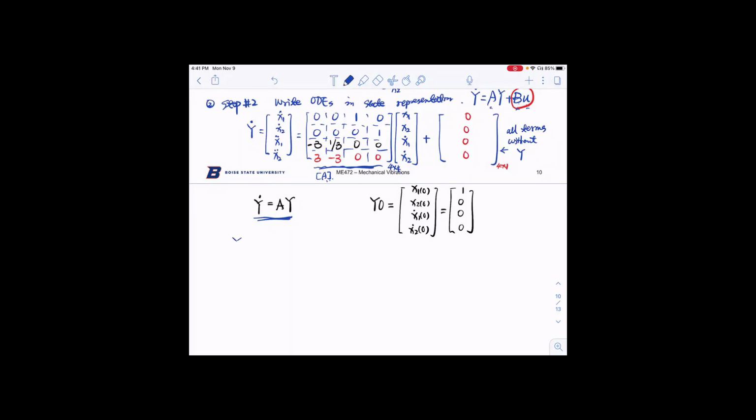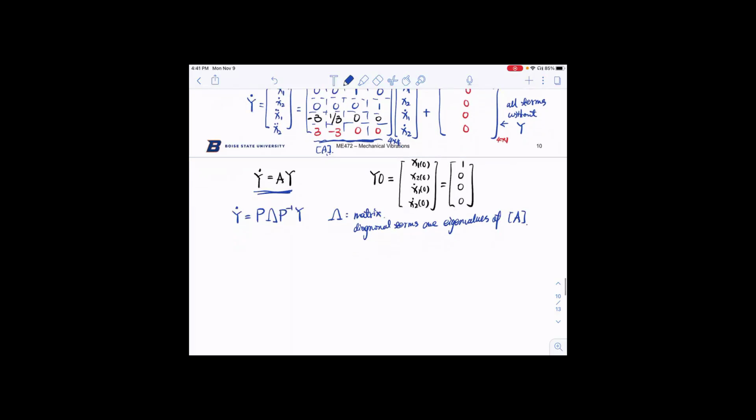So the idea is we assume that y dot, we can decompose your A into P times lambda times P inverse y. All right. So remember that lambda is a matrix whose diagonal terms are eigenvalues of A. P is also a matrix.